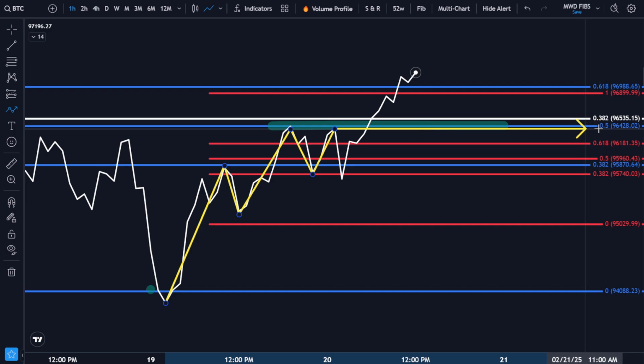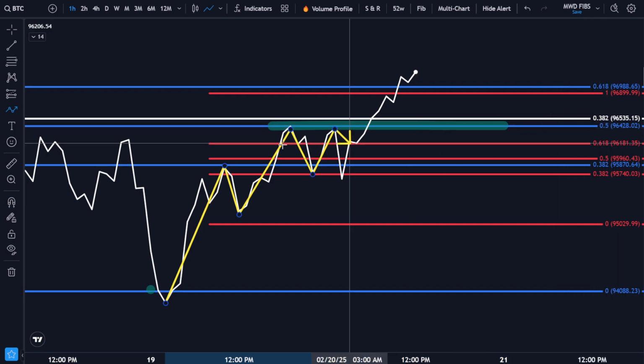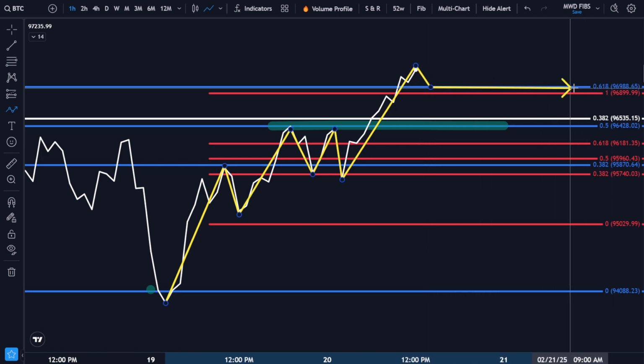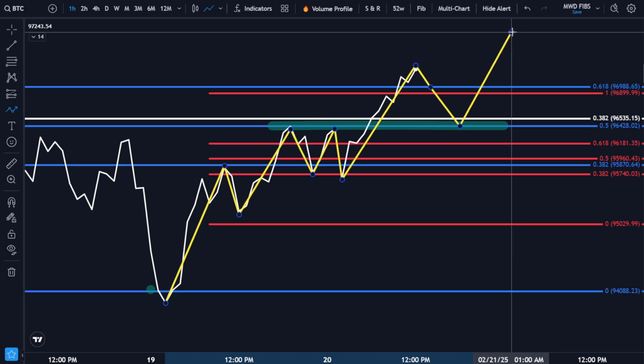It's having a hard time breaking the 0.5 level of the weekly Fibonacci, and higher low, and then it broke out. If it's going to make a pullback or a retest, it can retest here at the 0.618 of the weekly fib, or it can go down some more here on the 0.5 level and then bounce.